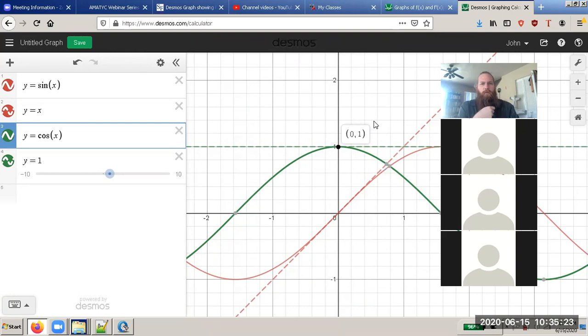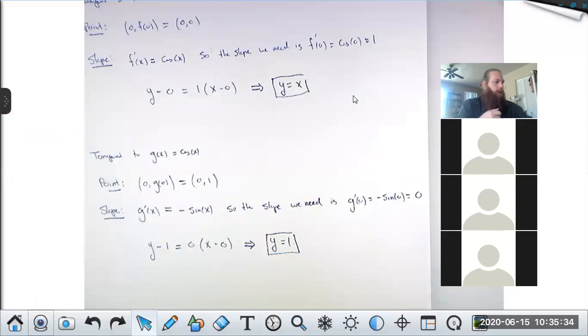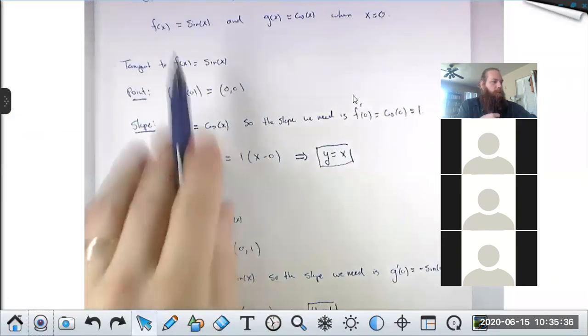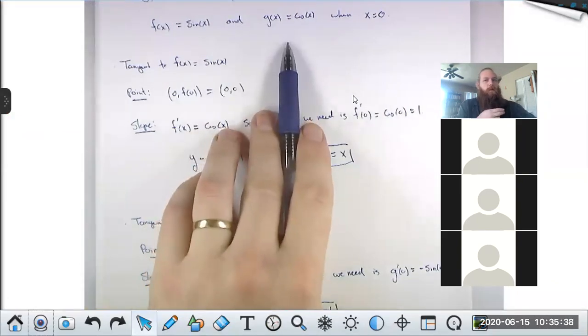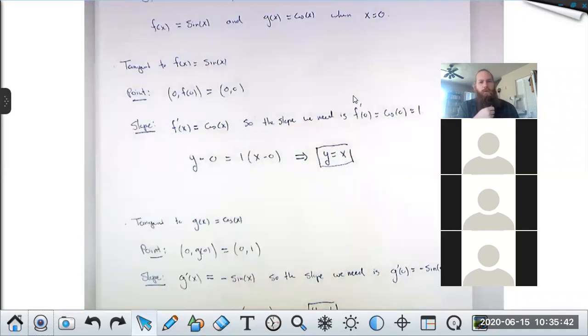So Angelica asks, can we use dy dx to find the slope? Yeah, dy dx is just another notation for the derivative. Since on this problem, I wrote the curves as f of x equals and g of x equals, the notation that makes more sense to use here is the prime notation. But if you wrote dy dx instead, I would know what you meant.